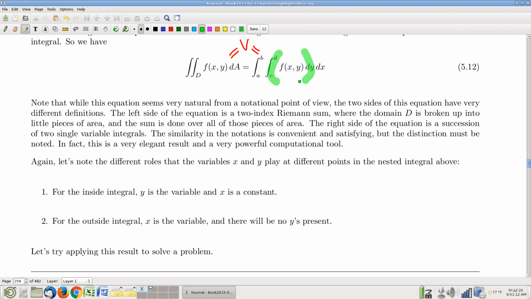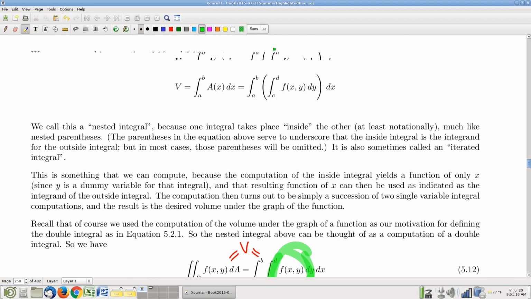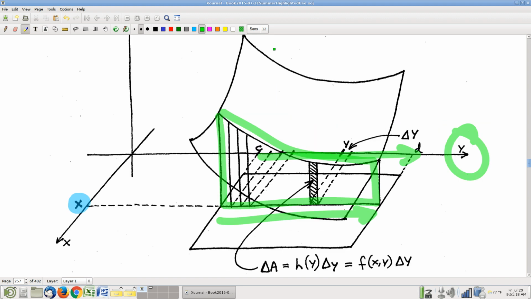Okay, well, let's think about it very carefully. Where did this inside integral, this dy integral, come from? Well, here it is. That dy integral is the computation of that area. That area, don't forget, is the cross-sectional area for a fixed value of x.